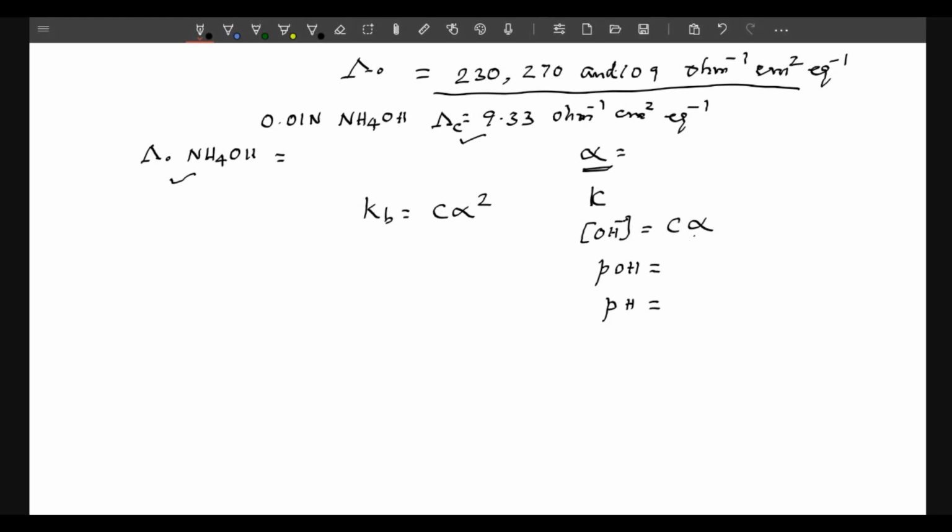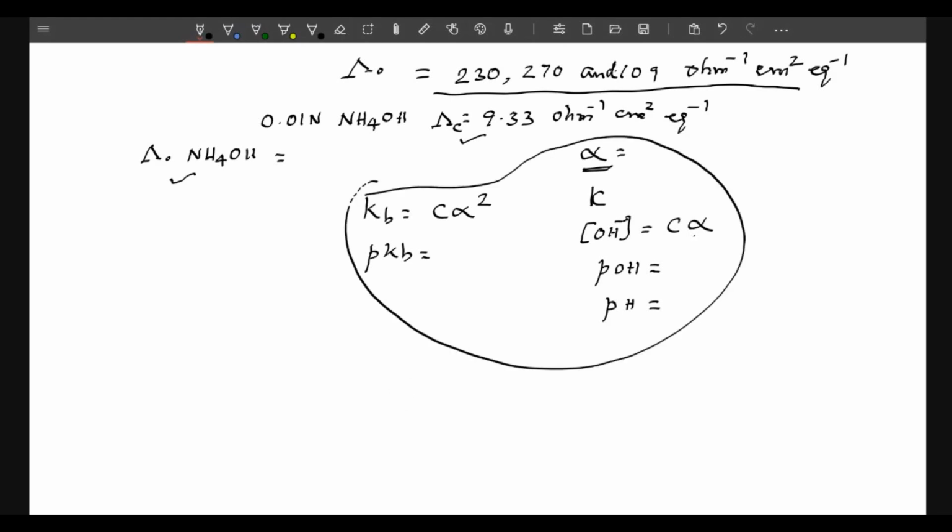But here we can neglect alpha because we are applying the approximation method. Therefore, Kb is C alpha square. Once Kb is known, pKb can be calculated. Therefore, any one of these problems may be asked. You work them out at home and you will catch this concept.